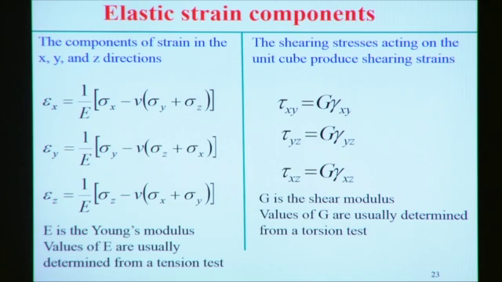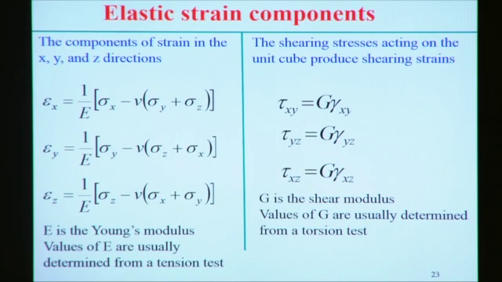E here is the Young's modulus, and the value of the Young's modulus can be obtained from the uniaxial tensile test. The Young's modulus represents the slope of the very initial, linear part of the stress strain curve. The shear stress also acts on the unit cube, and that shear stress is proportional to the shear strain, with the proportionality represented in terms of the shear modulus.